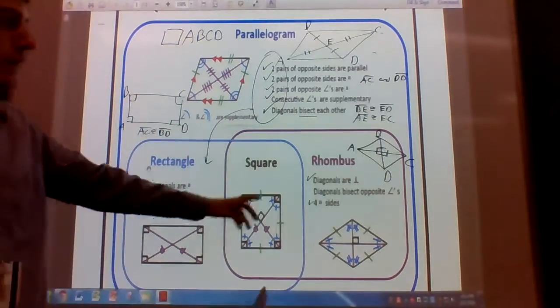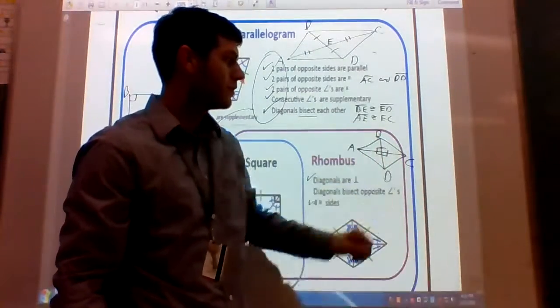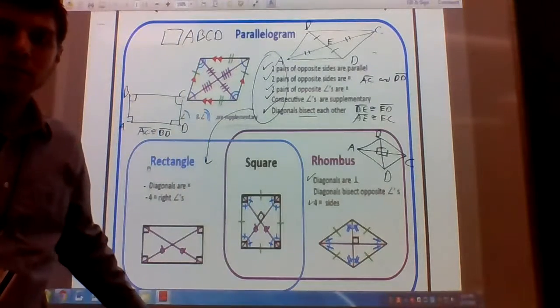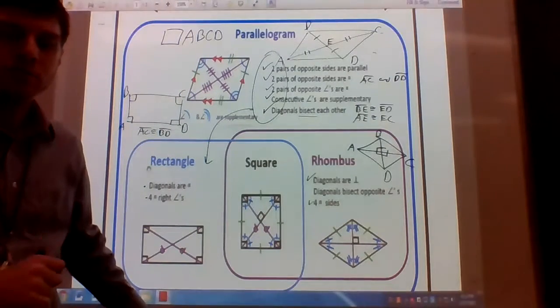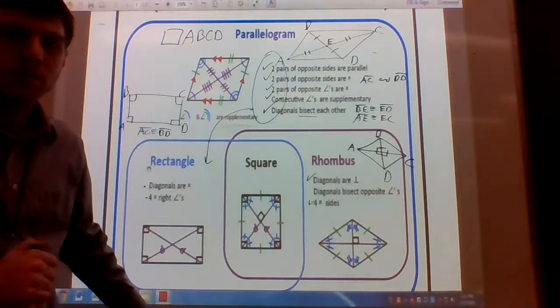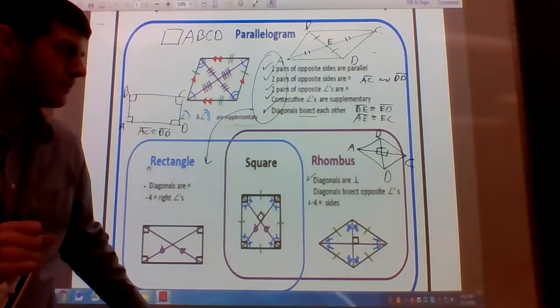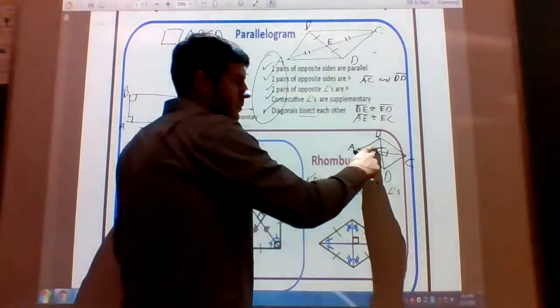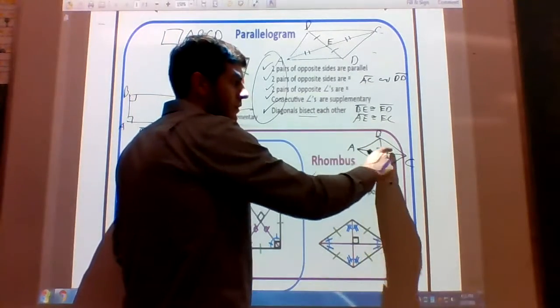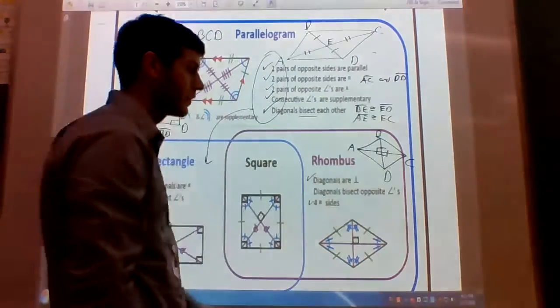So AC and BD are the diagonals. They are lines that connect the two opposite vertices. They are perpendicular, so they form right angles where they meet. So we have four 90-degree angles here, four right angles.